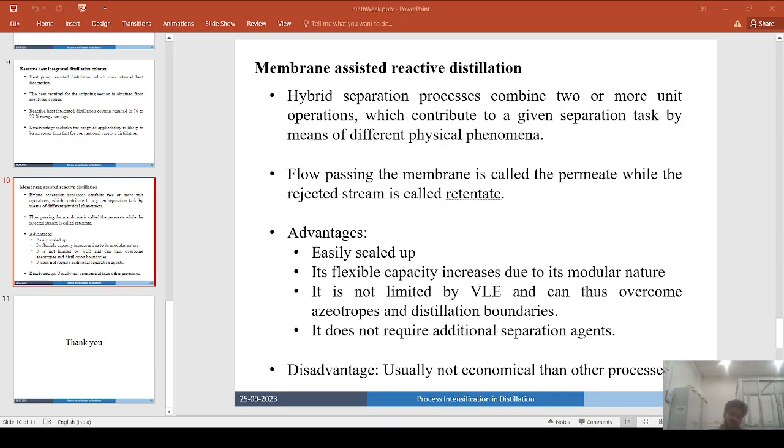So if a reaction is thermally limited, microwave irradiation can help. Generally, other heating systems are surface limited, but microwave heating is volumetric heat generation. So the efficiency of distillation separation can be improved.